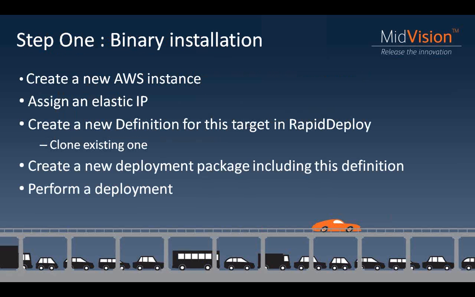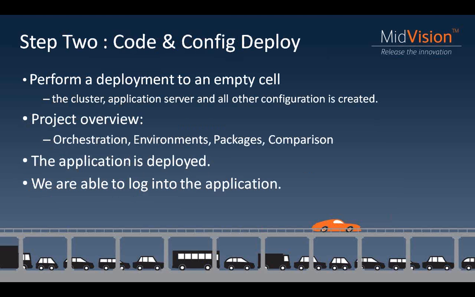So we've looked at the binary installation, we've created a new AWS instance, we've assigned an elastic IP, we've created a new target definition by cloning an existing one, we've created a deployment package with that new definition, and we've performed a deployment, and that's currently running. So now we're going to perform a WebSphere code deployment.